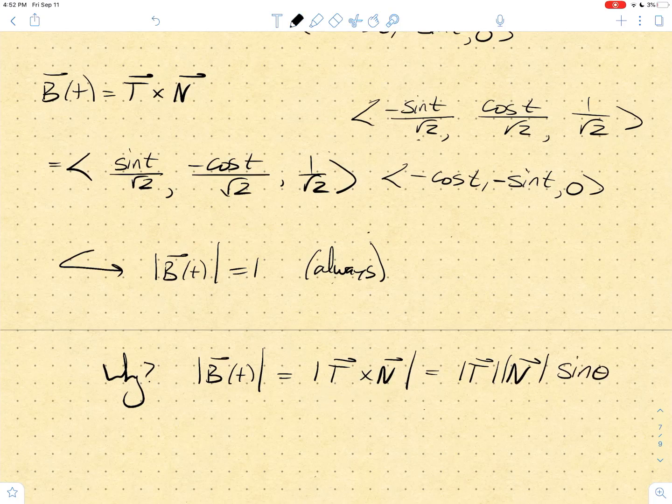T is a unit tangent vector, so it has length 1. N is a unit vector, so it has length 1. And they're orthogonal, so sine of the angle between them is sine of pi halves, which is 1. And so you're always going to get 1. So anyway, that's how you do it.